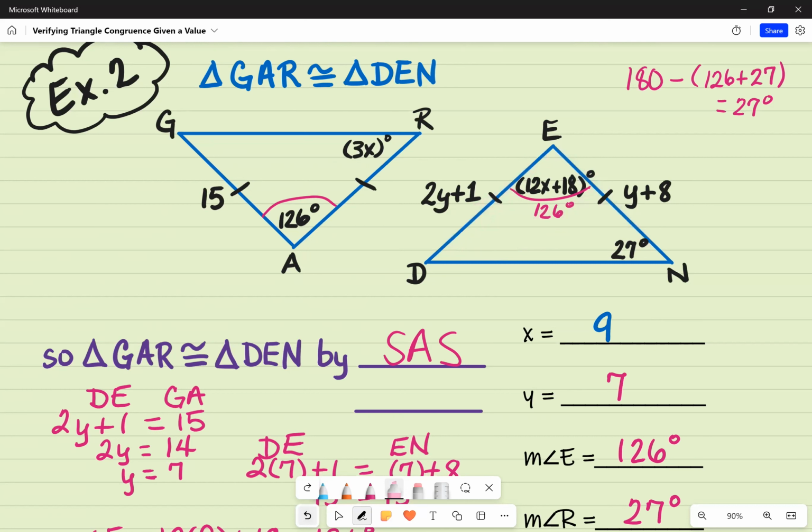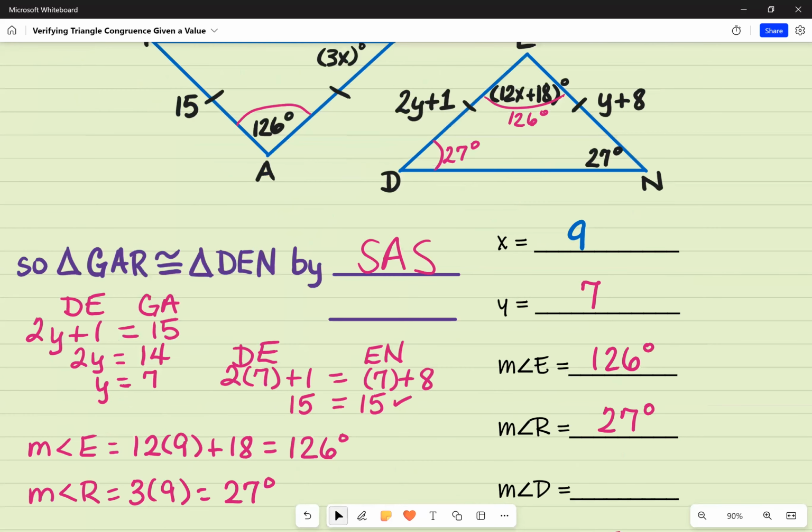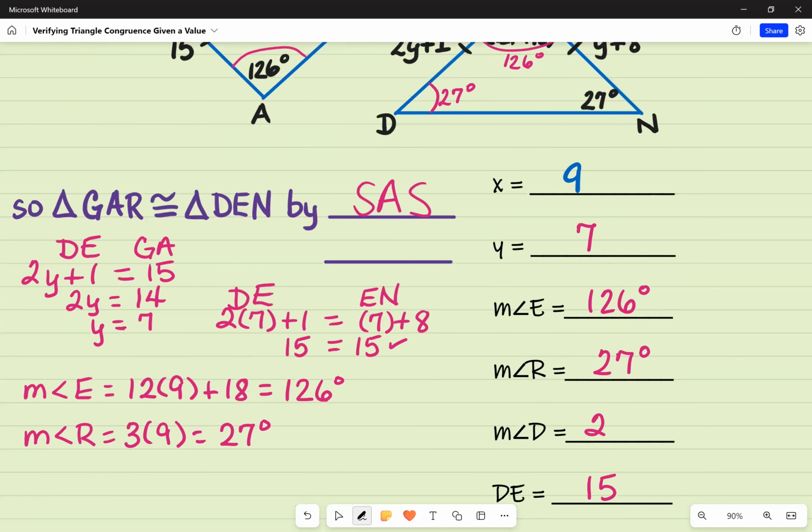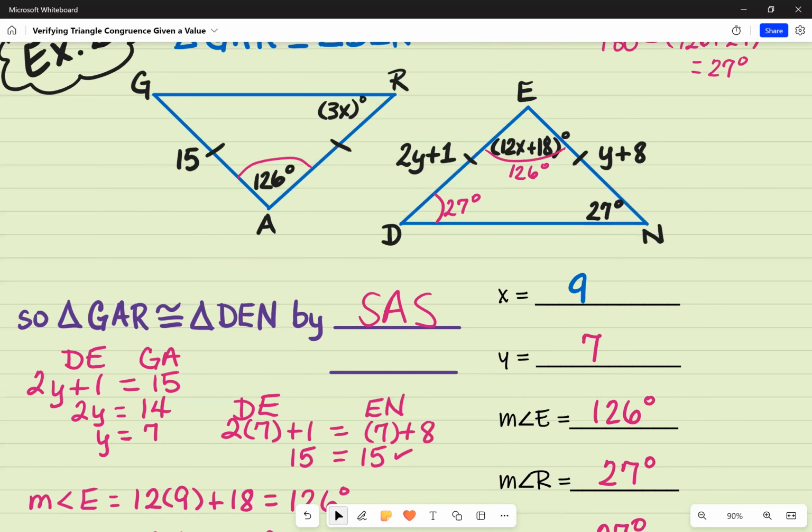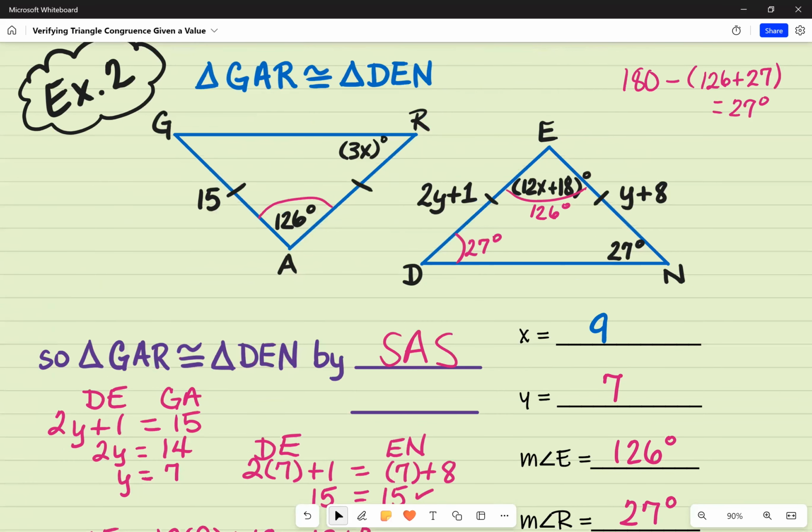We already know the measure of angle N, so therefore we know that angle D is also 27 degrees. If I were to add all of those up, I would in fact end up with 180 degrees. So the measure of angle D is 27 degrees. The measures of angle D and G are both 27 degrees. So I could go ahead and put that here if I wanted to.